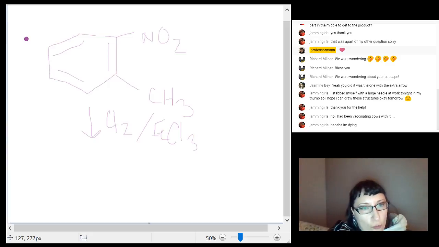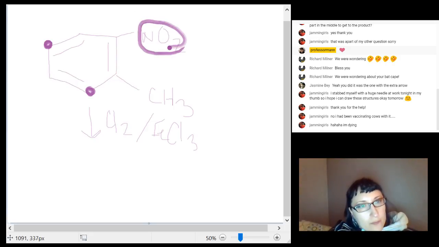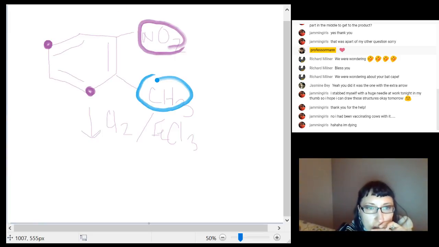So the nitro group is going to push things in the meta position. So this position here is meta to nitro, and that position is meta to nitro, right? Then the methyl group would be pushing things in the ortho and para direction. So I will mark that with an X. That would be ortho. There's already another one at the other ortho position because the nitro is already there.